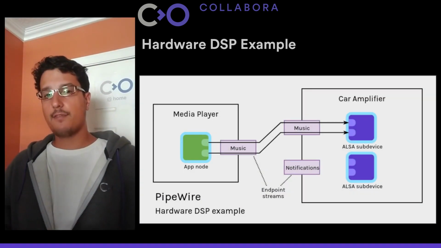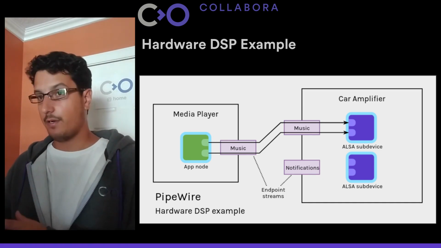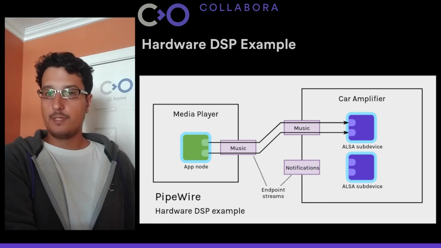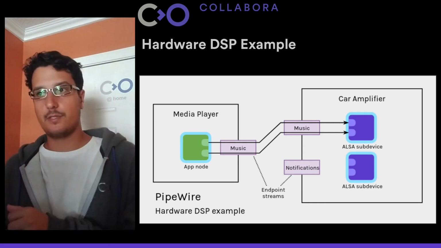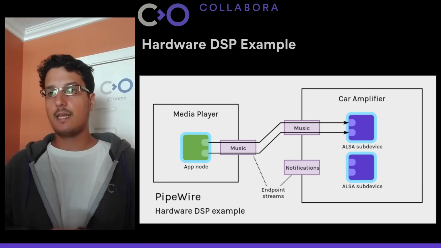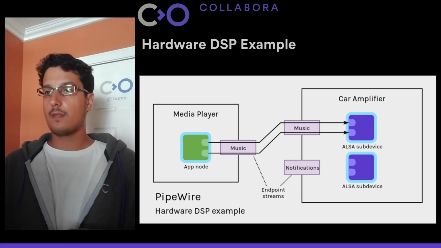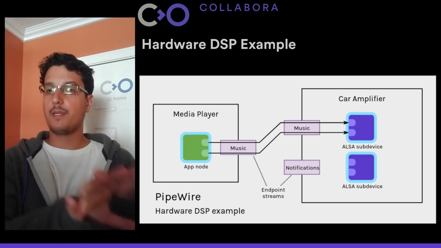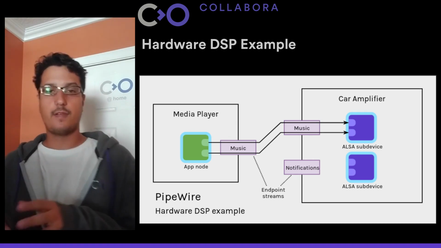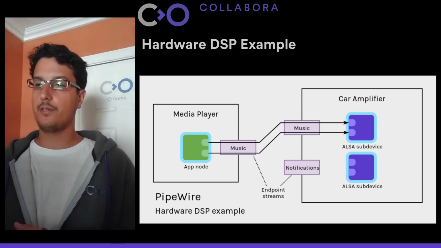But again, let's say you're running PipeWire in a car in an embedded setup. For example, you have the media player and you want to play music, say radio, on the car speakers. You can connect the speakers of the car to the audio stream, and then the notification would be connected to a different speaker, for example the front speaker for emergency.